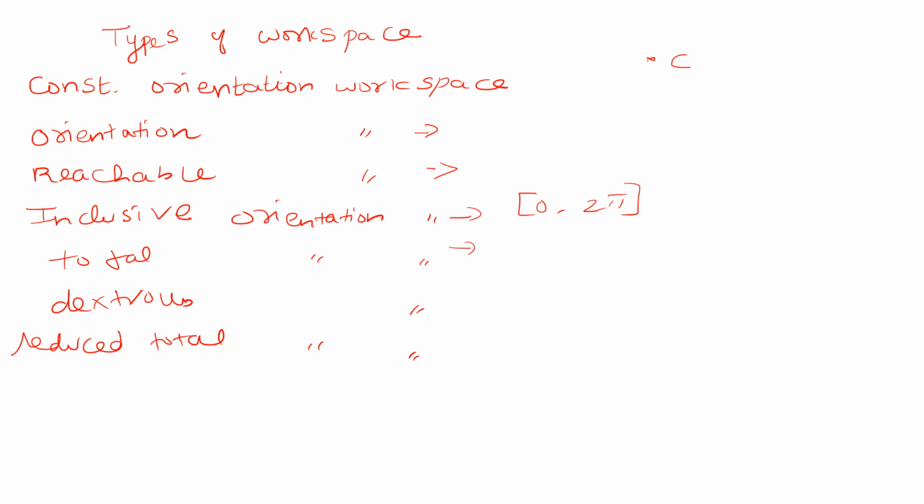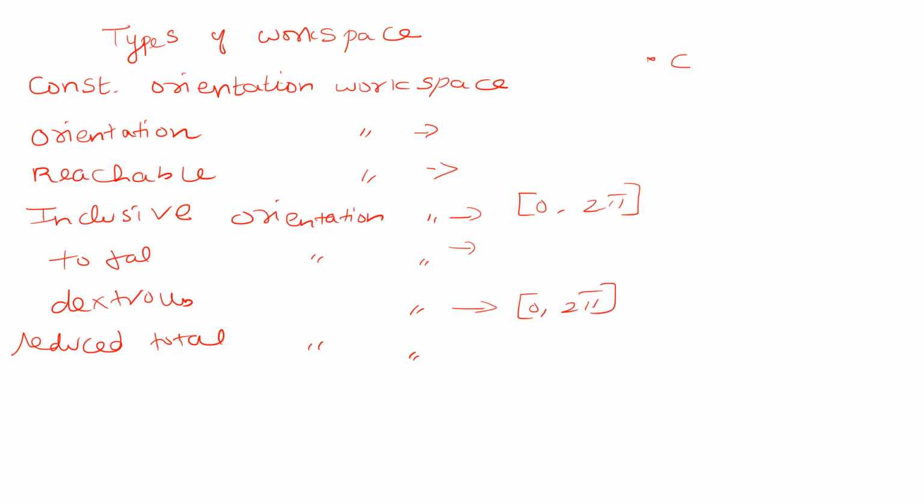And the next is the dexterous workspace, in which all the locations of the operating point of the manipulator with which all orientations are possible. So the dexterous workspace is a particular case of the total orientation workspace, and the ranges of the rotation angles are 0 to 2 pi.